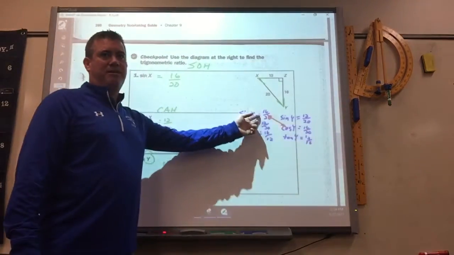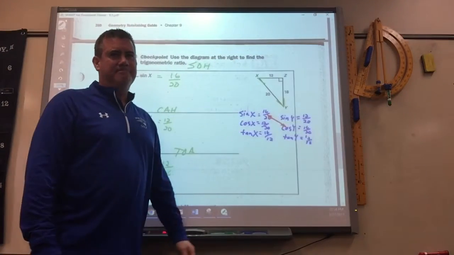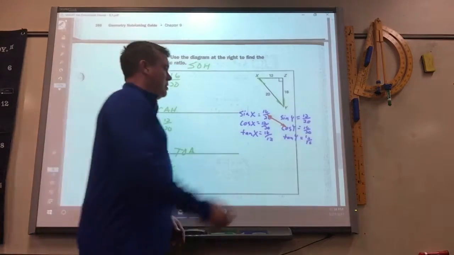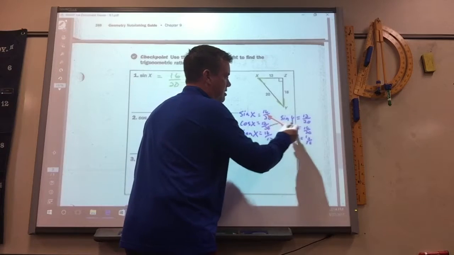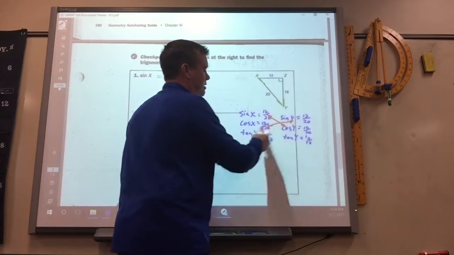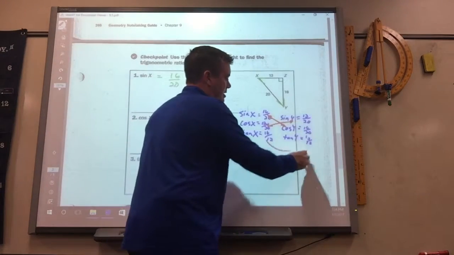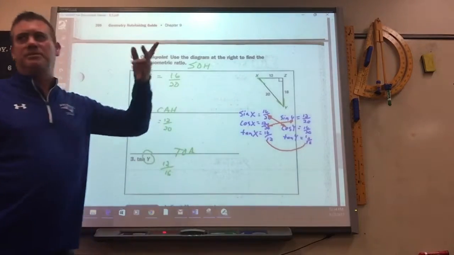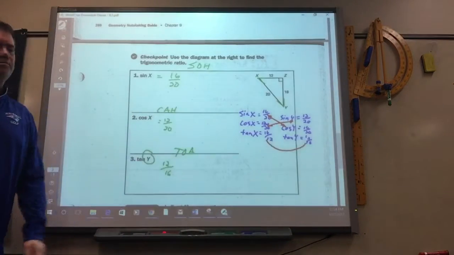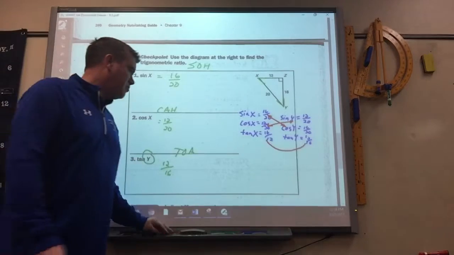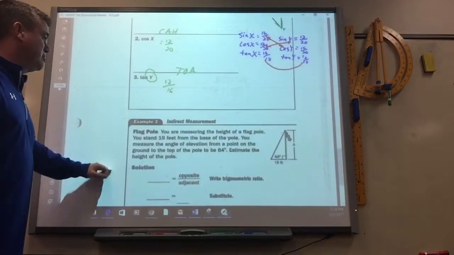They'll end up being the same value. That's true for all right triangles. And then how do the tangents compare to each other? Reciprocals, inverse flipped. That's really all it is.